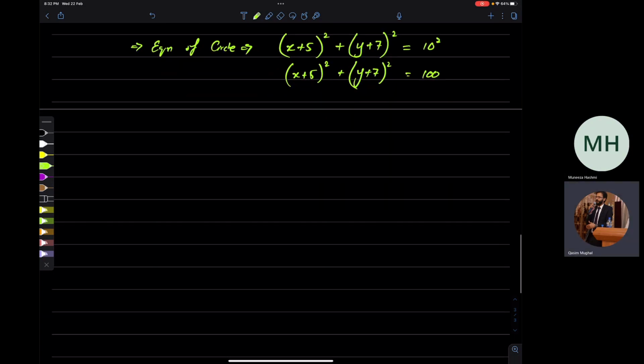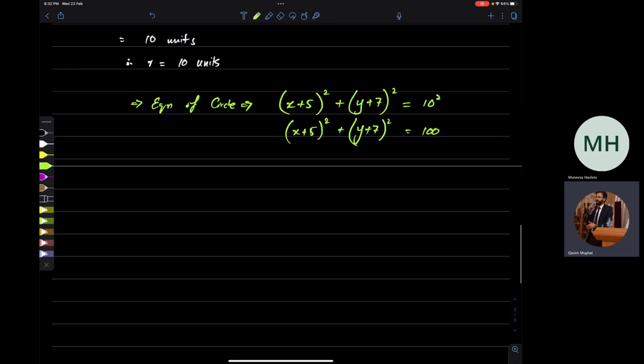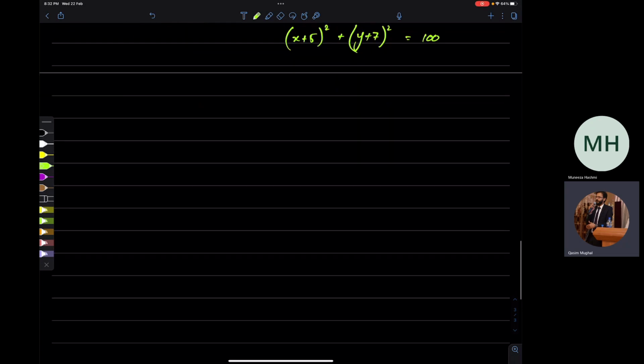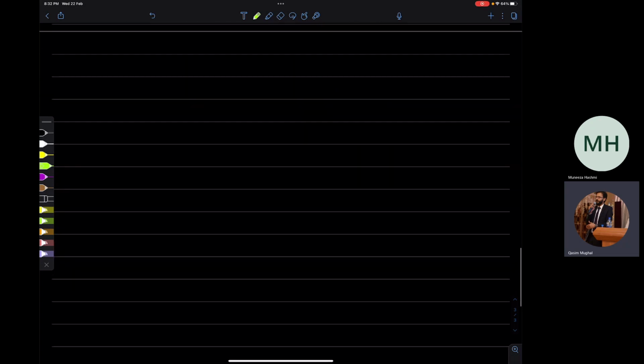Sometimes you may have the expanded form of the equation, and the examiner will ask you to find its radius and the center. So let's learn that skill. We know the basic form is x minus h whole squared plus y minus k whole squared equals r squared. That's one form of the equation of the circle.